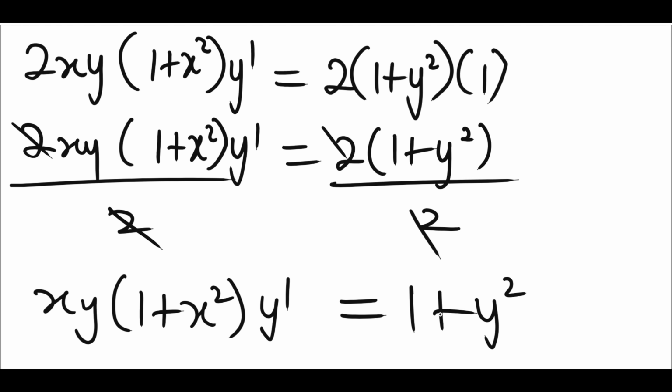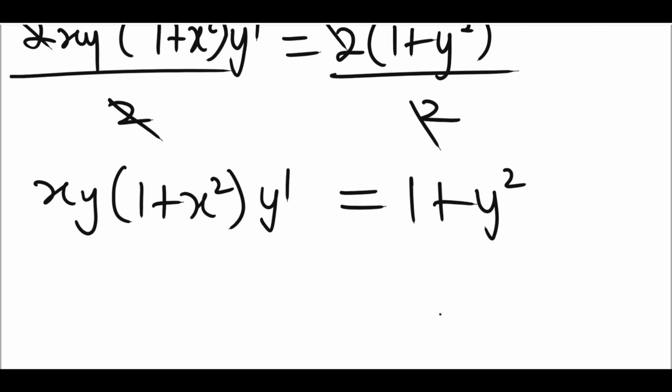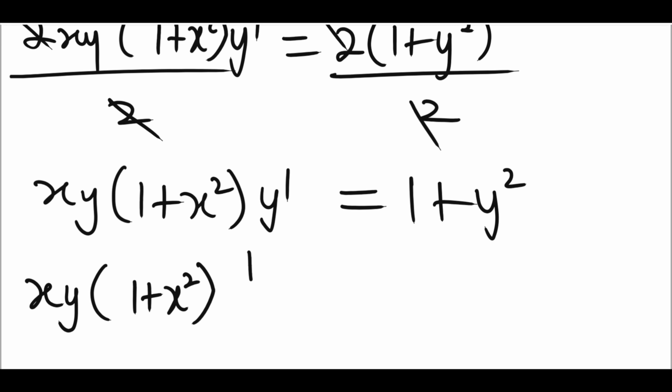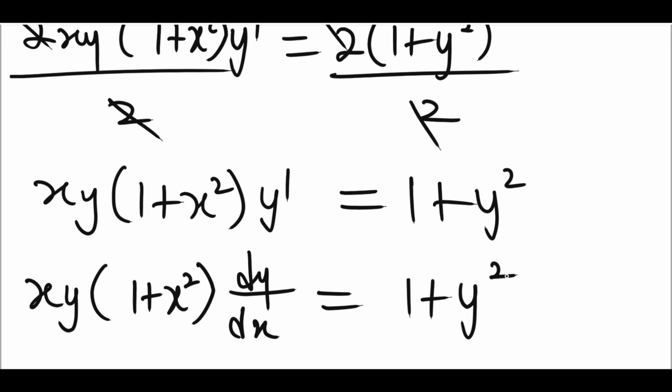So you could say that this is what the question is demanding. So we can now conclude that our xy multiply 1 plus x squared dy dx is equal to 1 plus y squared. So now we have shown that xy multiplying a bracket of 1 plus x squared dy dx is equal to 1 plus y squared.